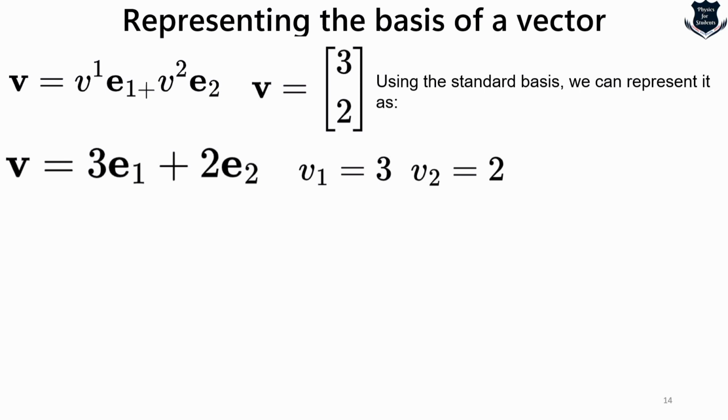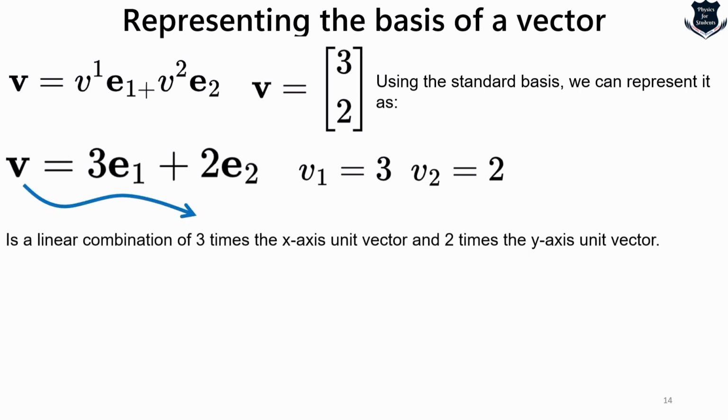It means that V is a linear combination of 3 times the x-axis unit vector and 2 times the y-axis unit vector. That's it. 3 times the x-axis unit vector and 2 times the y-axis unit vector forms 3E1 plus 2E2.